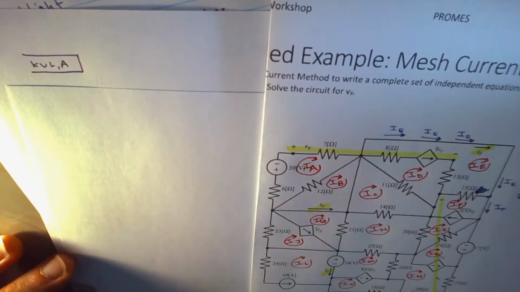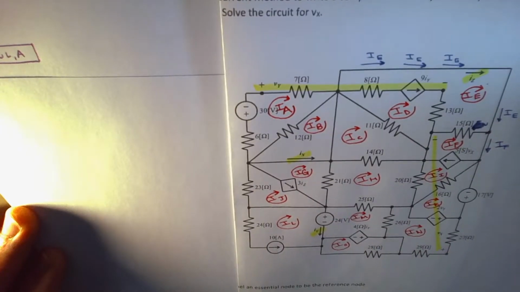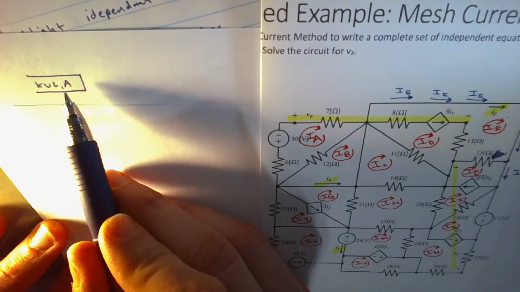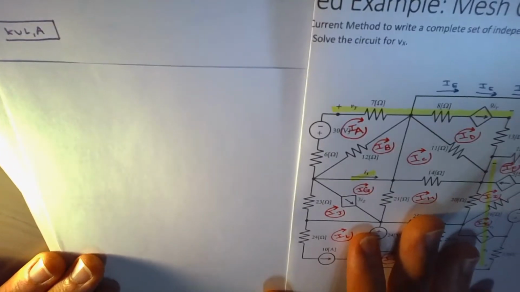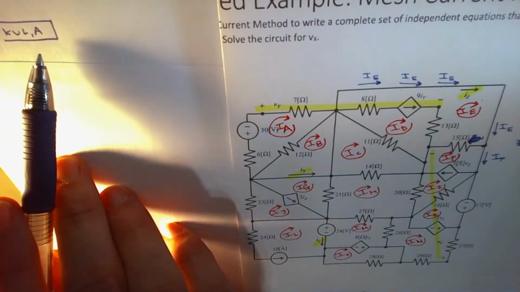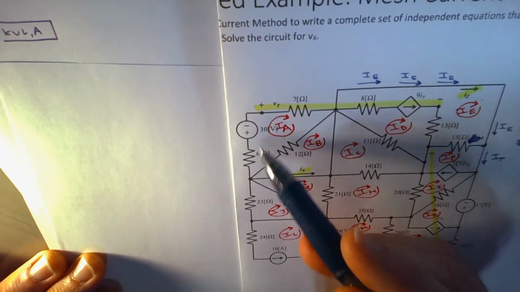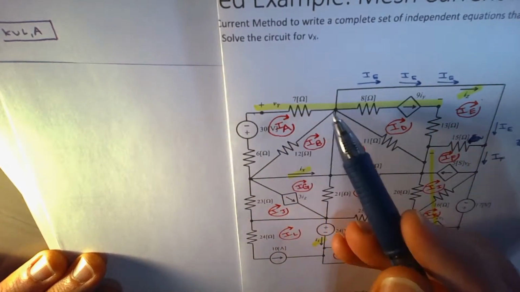Now, to make it really easy for the people who are grading this, we are going to explicitly state which equation we're writing. Let's see if I can frame this better. So if we're going to do KVL at mesh A, we want to do KVL here. Now we'll start, so we're going to go in this triangle.